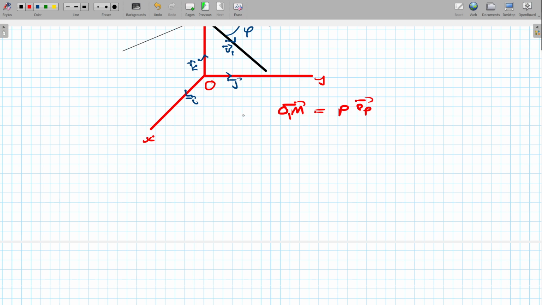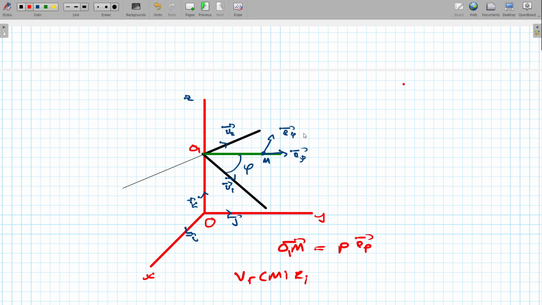Let's now calculate the relative velocity. It is the velocity in the reference frame that is moving. To find the relative velocity of the point M in R1, let us call the absolute reference frame R, and the reference frame that is moving R1.